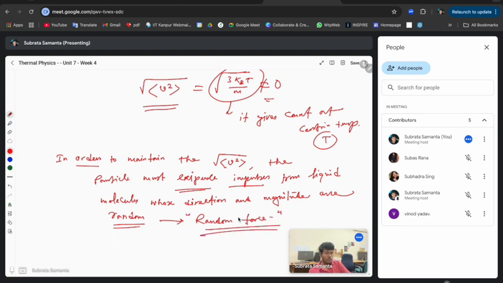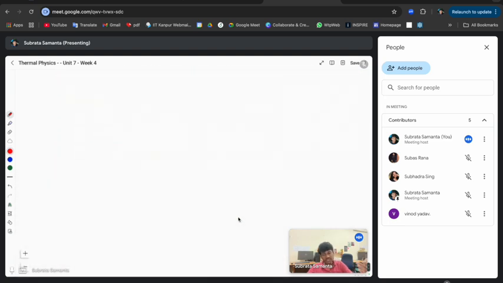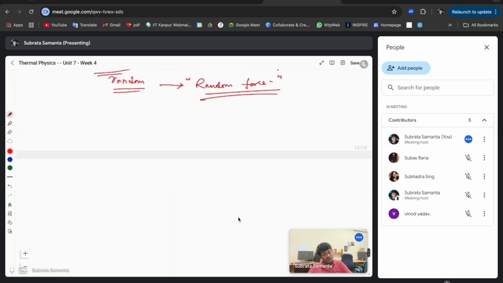In order to maintain the v square average, the particle must experience some impulses from the liquid molecules, whose directions and magnitudes are random. That is basically a random force, in order to balance this. So there must exist a random force Ft acting on each particle.